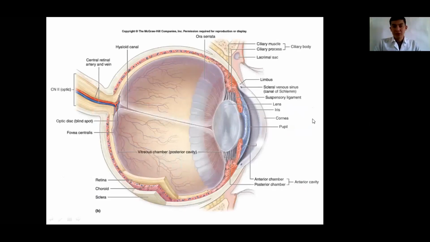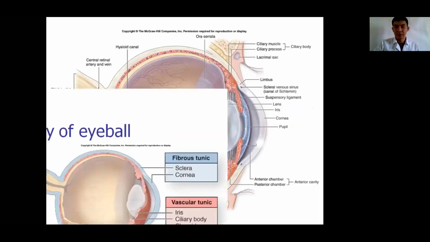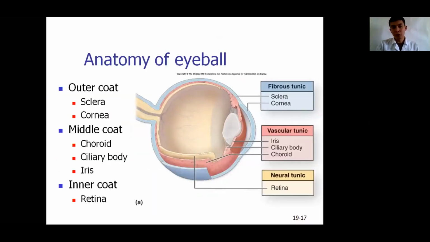So in this presented diagram, we see the eyeball and its layers. The eyeball has three layers: outer coat, middle coat, and inner coat, also known as fibrous tunic, vascular tunic, and neural tunic. Also we can call them outer layer, middle layer, and inner layer.